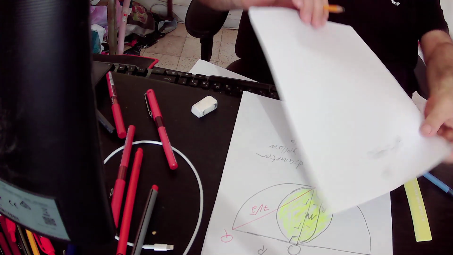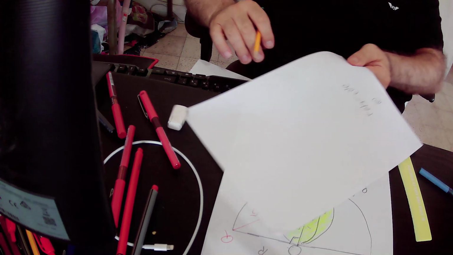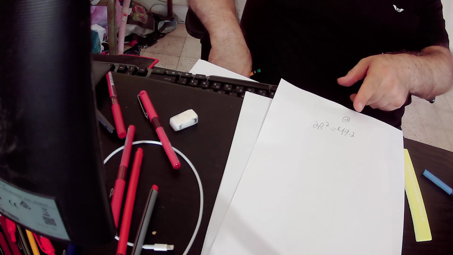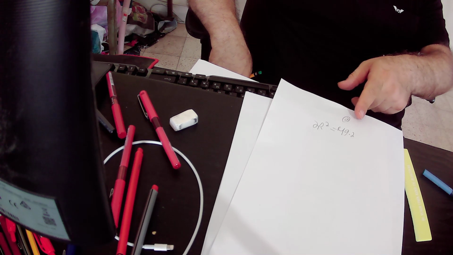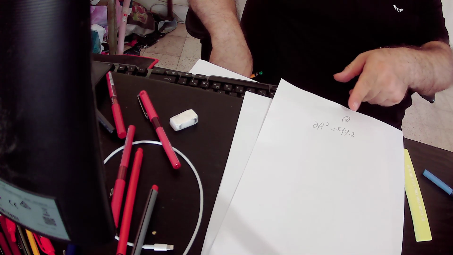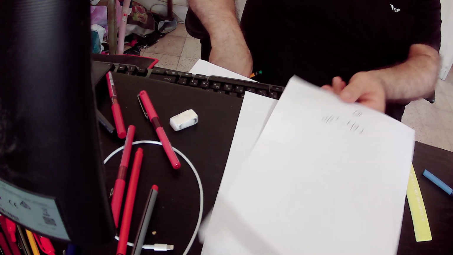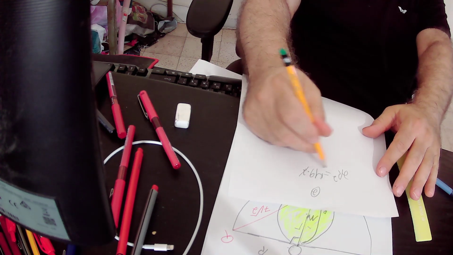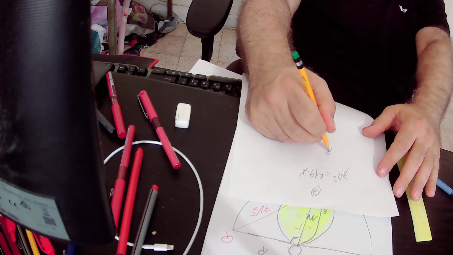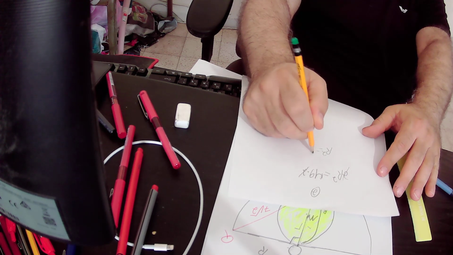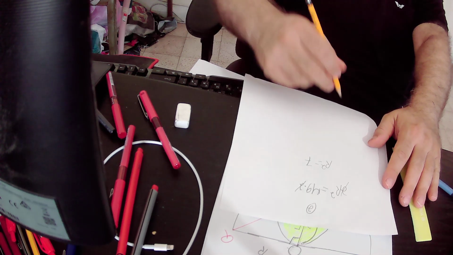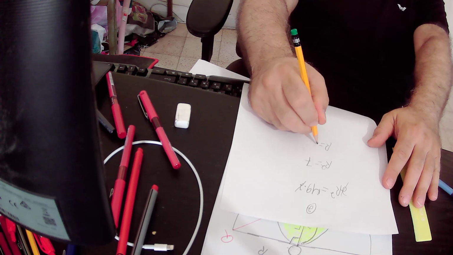So we have here the equation that 2 times R squared equals 49 times 2. We can divide the equation by 2. Then 2 is cancelled.